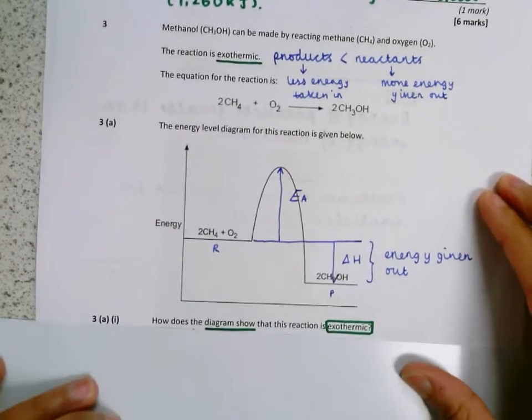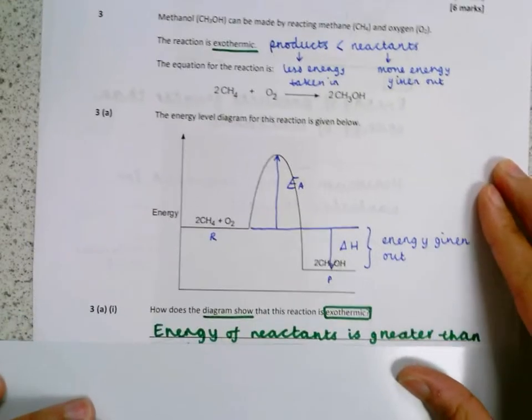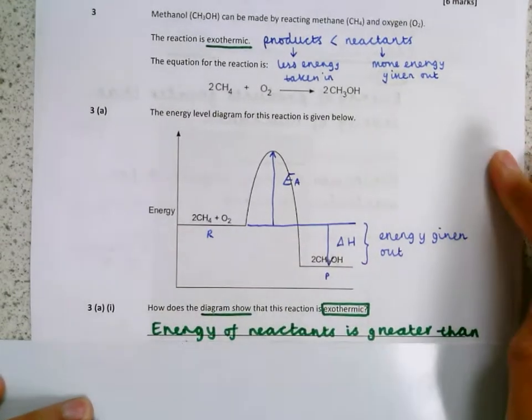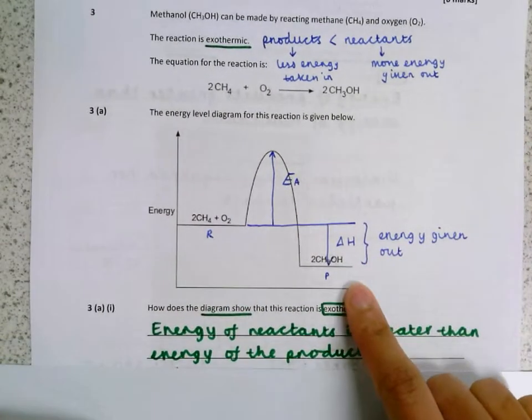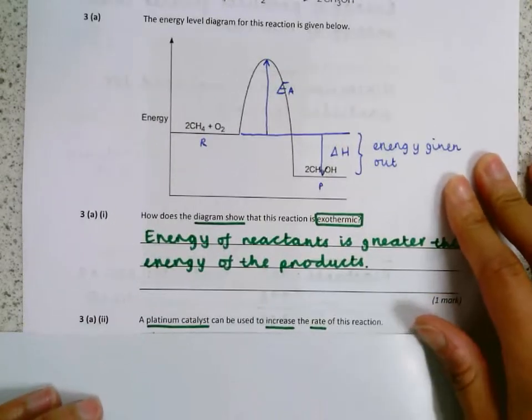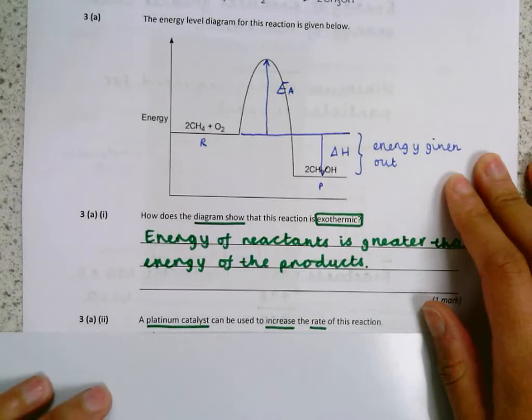How does the diagram show that the reaction is exothermic? Well, I've just talked you through that. The energy of the reactant is greater than the energy of the products. That's it.